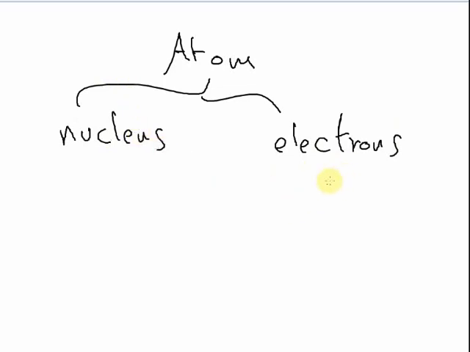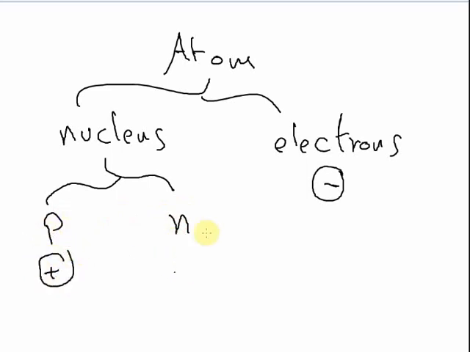The electrons have negative charge, while the nucleus contains two things, protons and neutrons. The protons have positive charge and the neutrons have neutral charge.